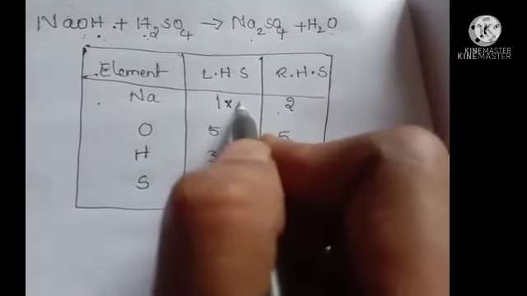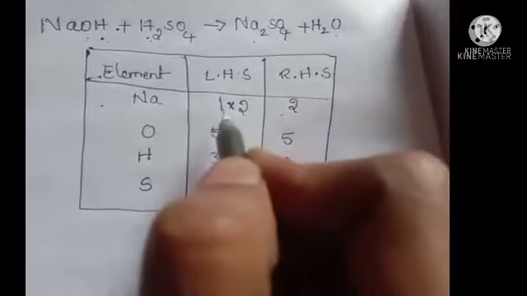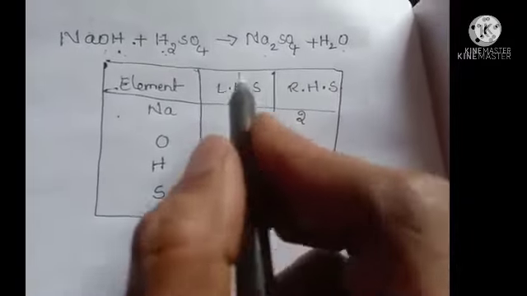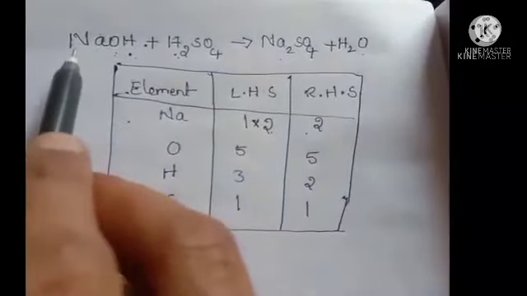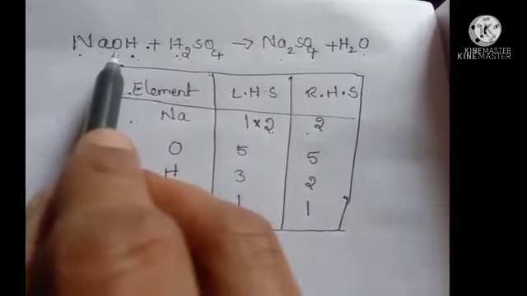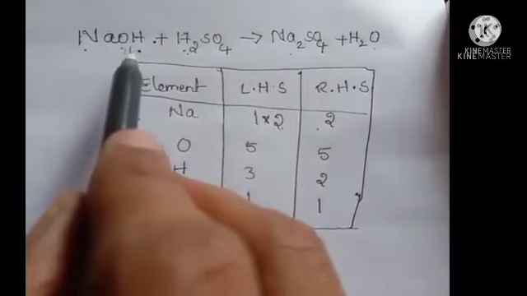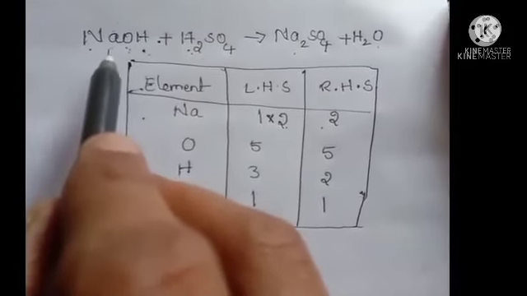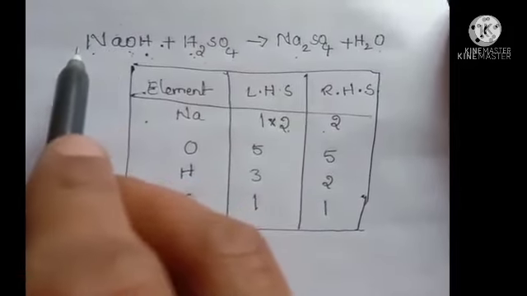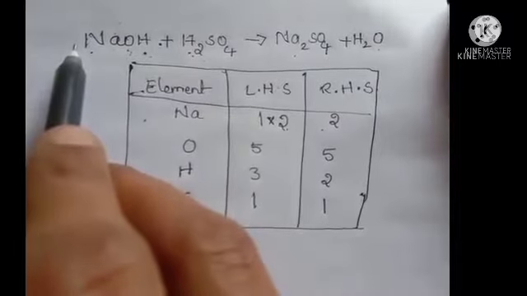Here we take the coefficient 2 and put it before the compound. A compound is a combination of different atoms.